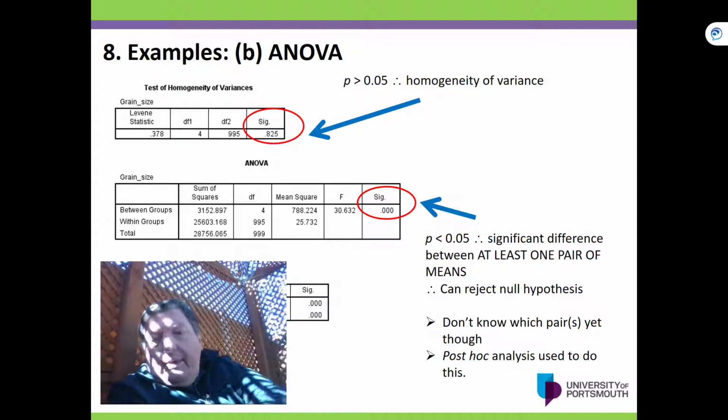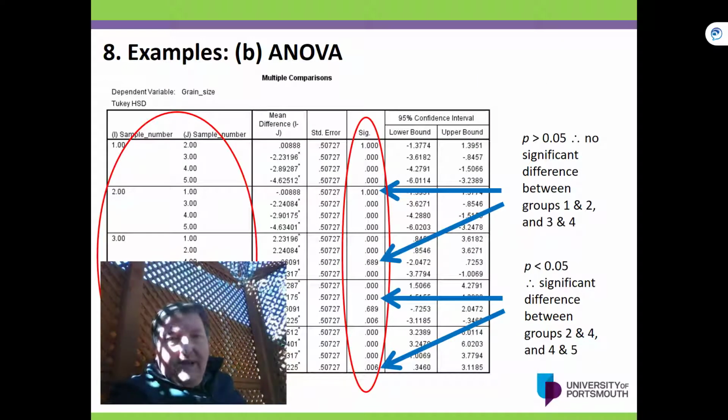So what you then do is a post hoc analysis test, and this is what this looks like. It looks a bit complicated, but all you're really comparing is, on the left hand side there, sample 1 against 2, sample 1 against 3, sample 1 against 4, sample 1 against 5, and then you're looking at the significance level, which is the second red circle. Here you're looking at the p: if p is greater than 0.05, there's no significant difference.